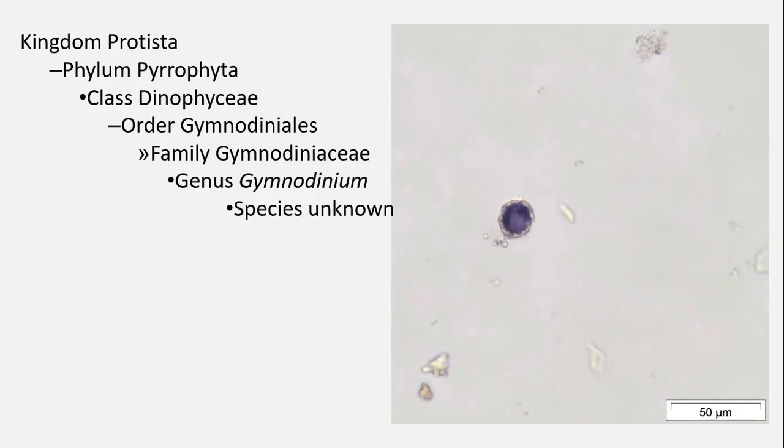Generally though, the genus for the species we're looking at stays the same. So here is an example in the division Pyrophyta. And so that's a dinoflagellate, and we're looking at the genus Gymnodinium here.